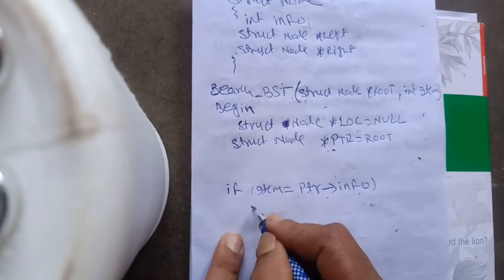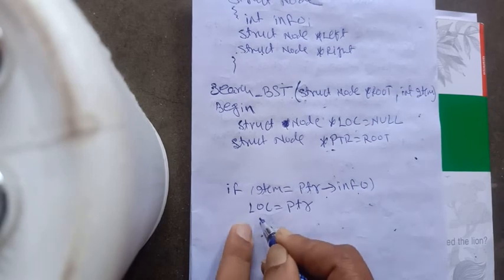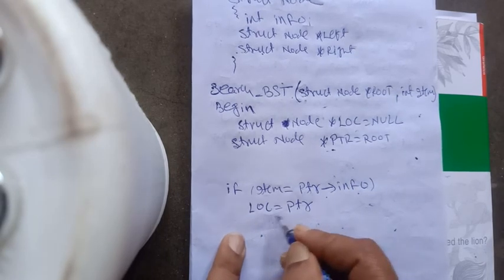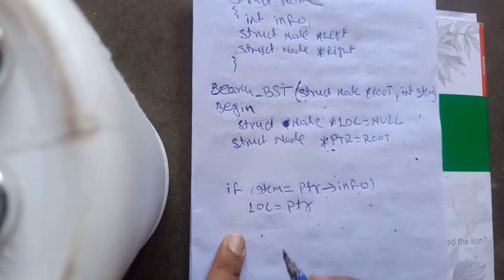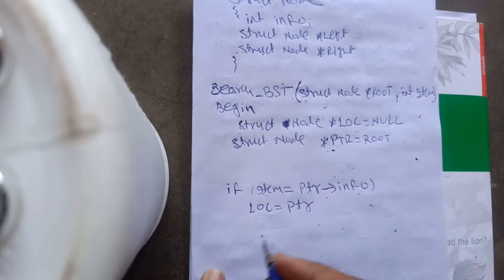So I will write LOC equals ptr. Look, in the variable location the address is stored, and the address is ptr. This is for case 1. After this we will break. I will write break later.